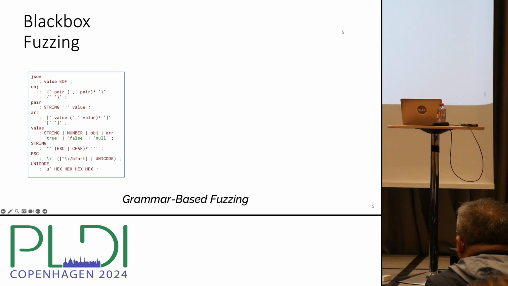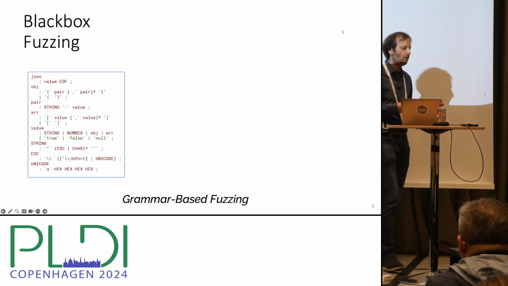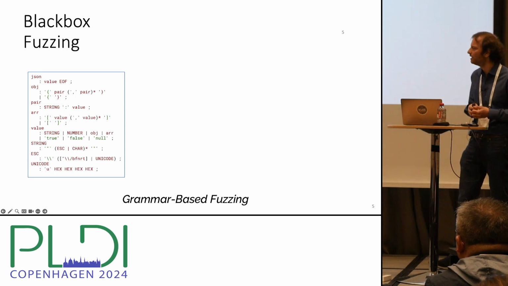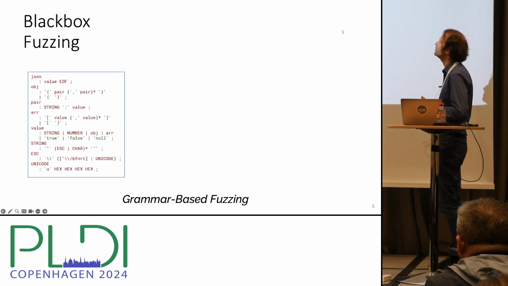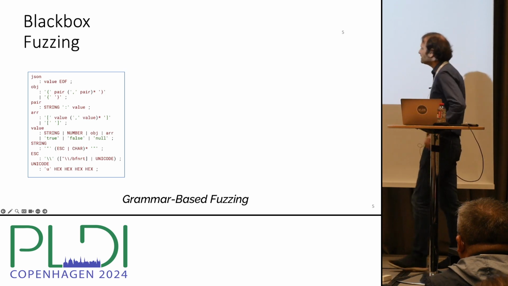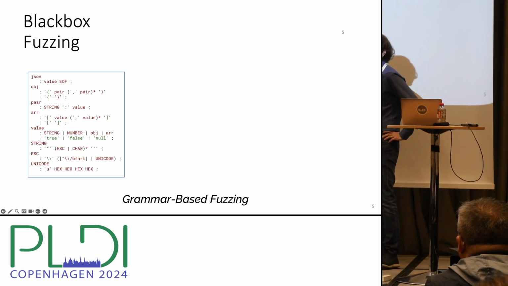So blackbox fuzzing, the reason it's called blackbox is that you're treating the system as a black box. You're just observing how it behaves based on your interactions with it. And perhaps the most common form of blackbox fuzzing is grammar-based fuzzing.